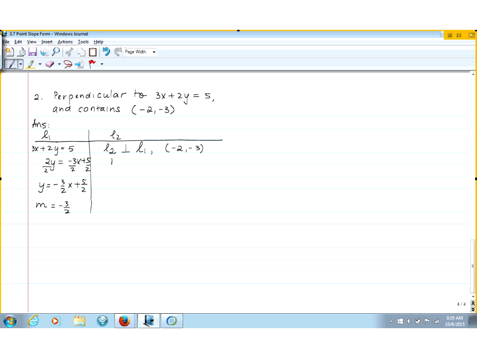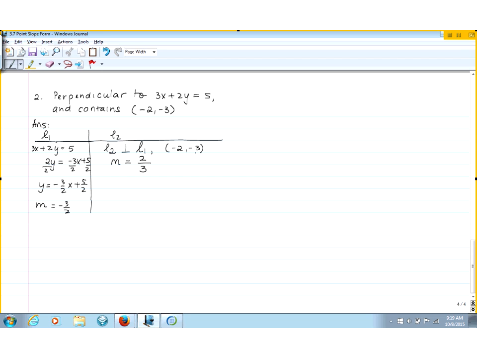What does it mean in terms of slope? The slopes are negative reciprocals. So in this case, what would that be? Positive 2 over 3. Yes. All right. Good.